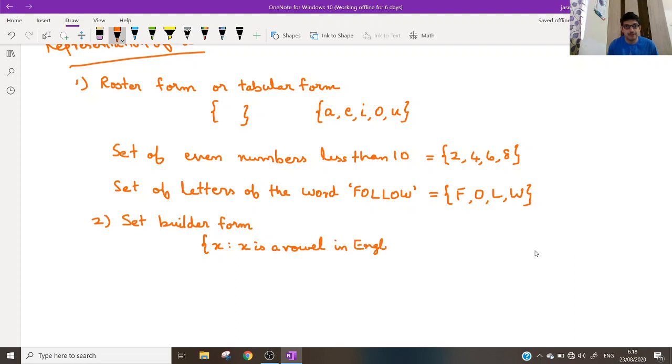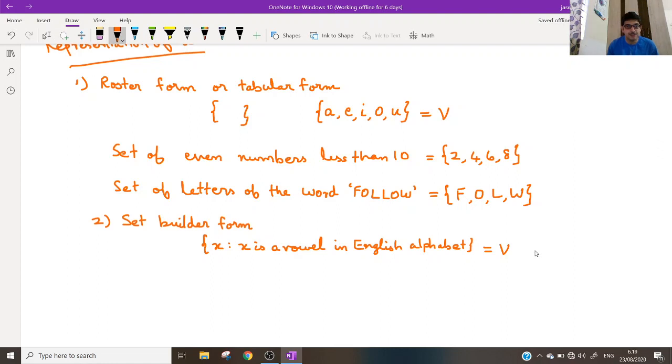So we will be getting the same elements as this particular set. Suppose I take this as V, so this is also equal to V. So this is the set here.